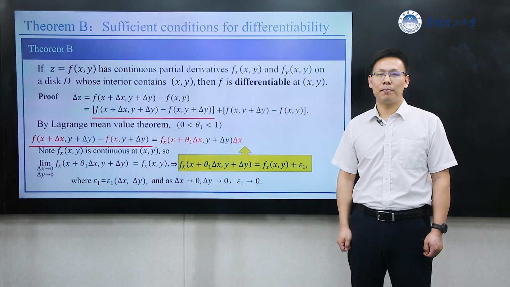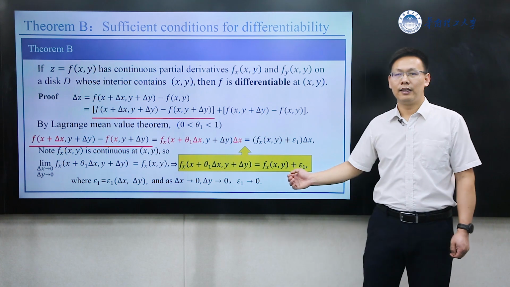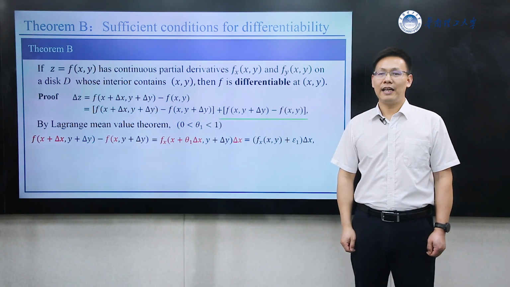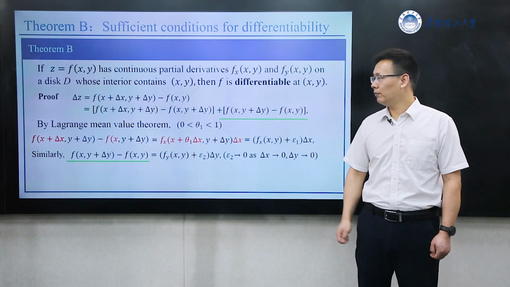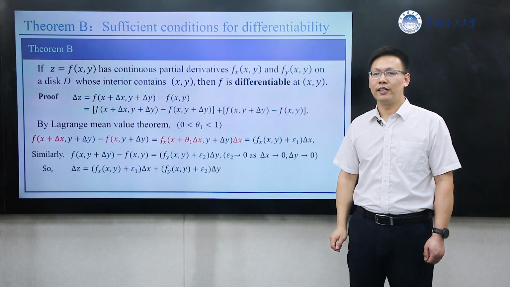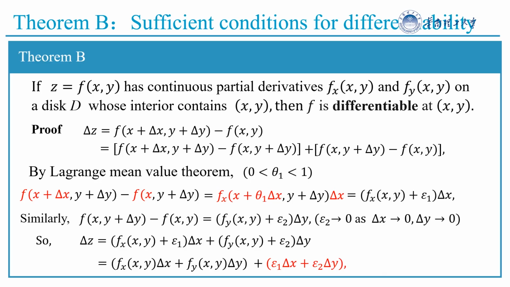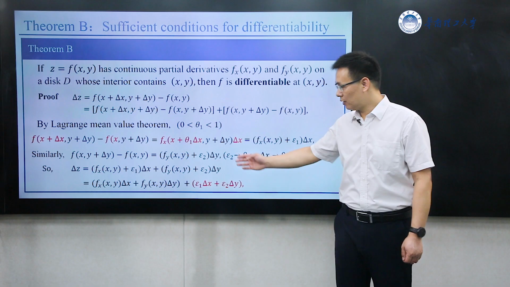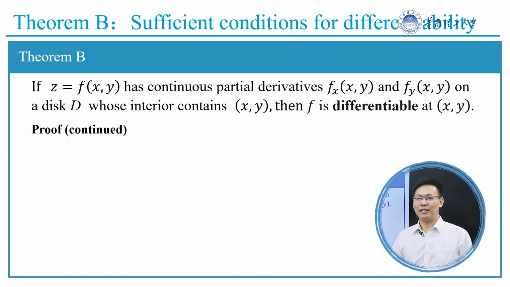So the first partial increment is expressed in this form. Similarly, the second partial increment is expressed in this form. So the total increment Δz can be expressed in this form. Next, we only need to prove the red part is a higher order infinitesimal with ρ approaching 0.